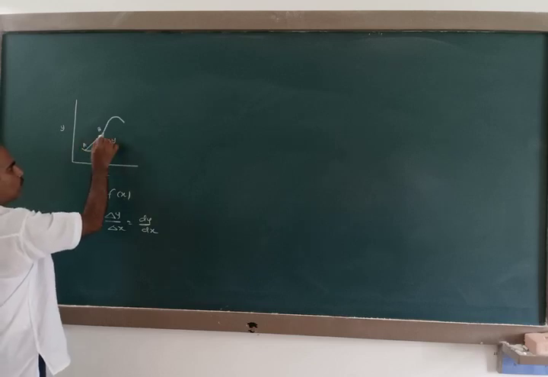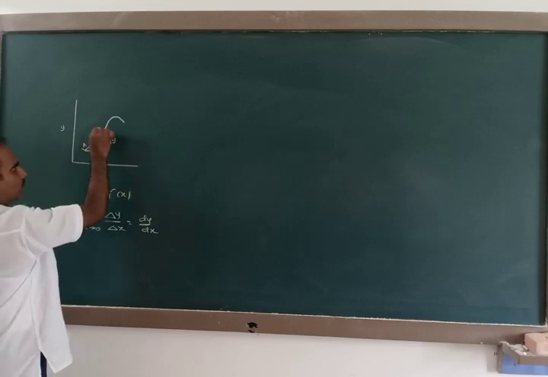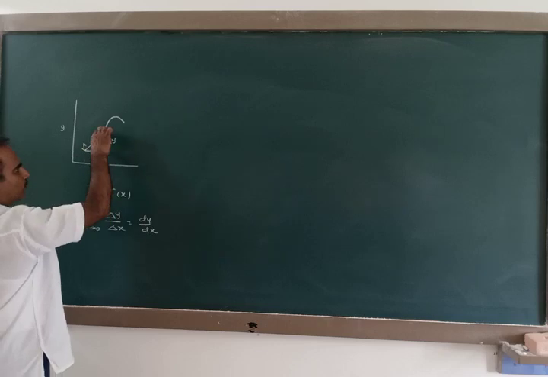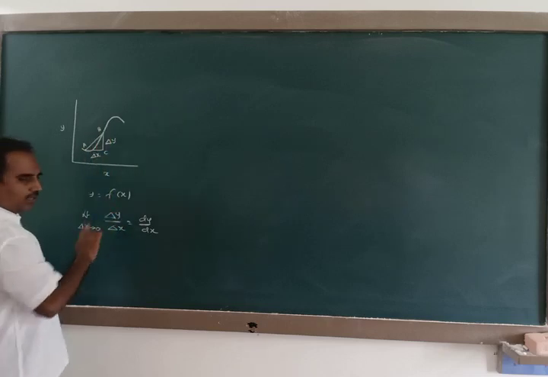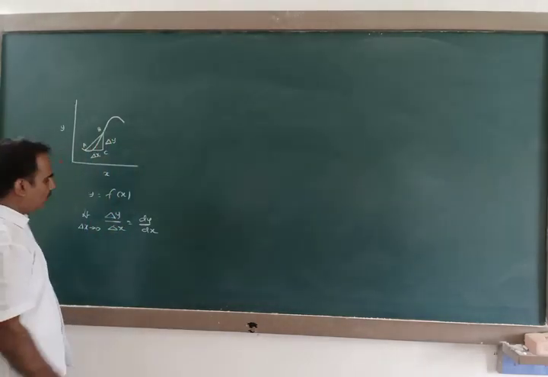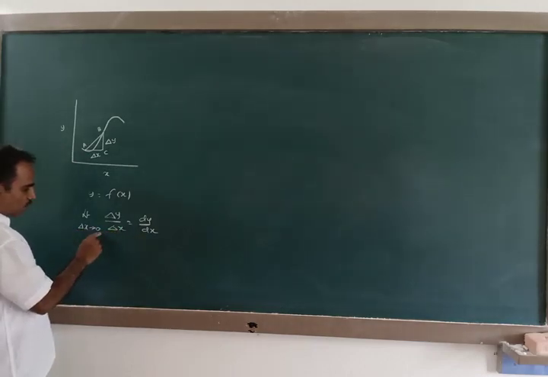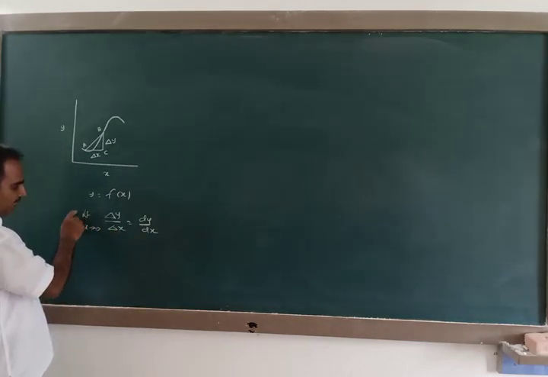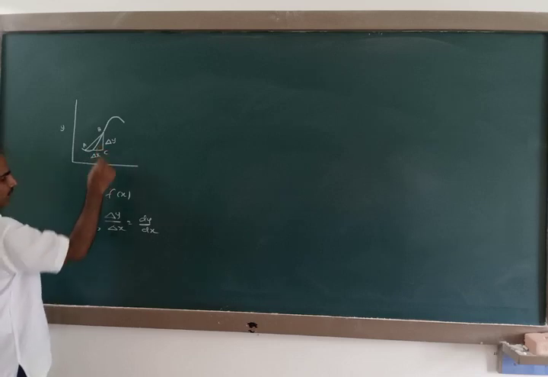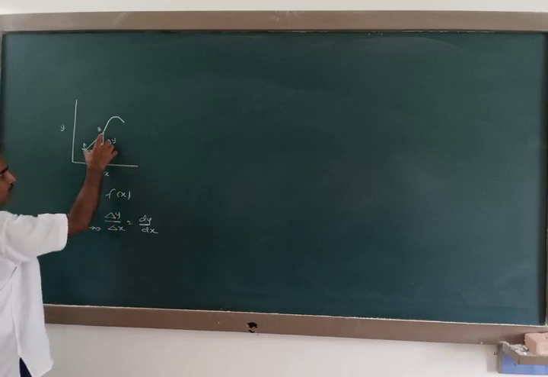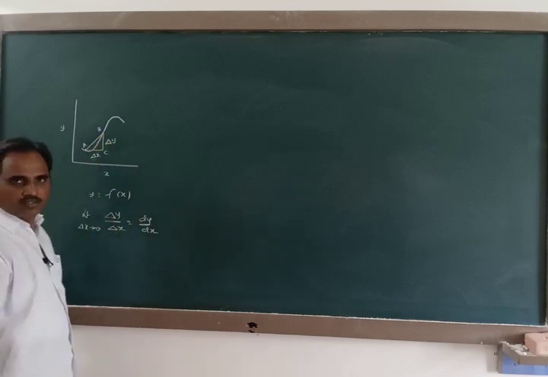So these are the 2 points on this curve, and if I find the slope, it becomes delta y divided by delta x. When this delta x tends to 0, limit delta x tends to 0, that means when delta x is decreasing, correspondingly delta y will also decrease.